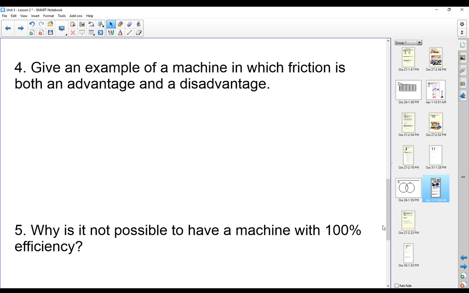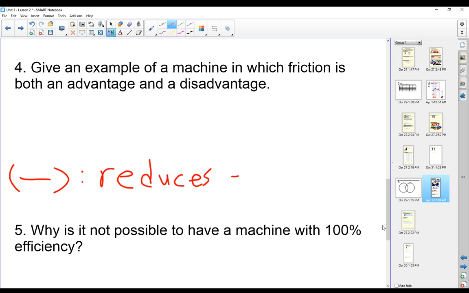So we will put a negative in brackets, this is our negative, our disadvantage: reduces efficiency.